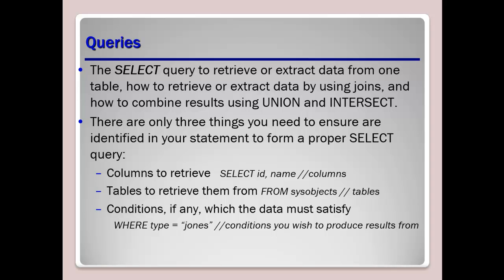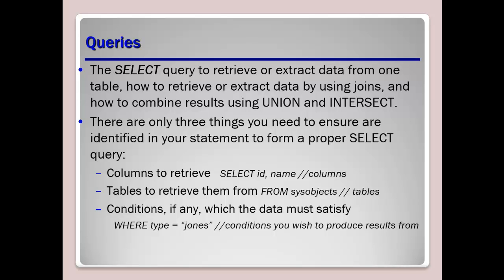Obviously, to have a select query, you need to use the word select. And then you need to perform some type of identification, such as the name of columns. Next, we need to have where we are getting this information from. So we use the from clause.